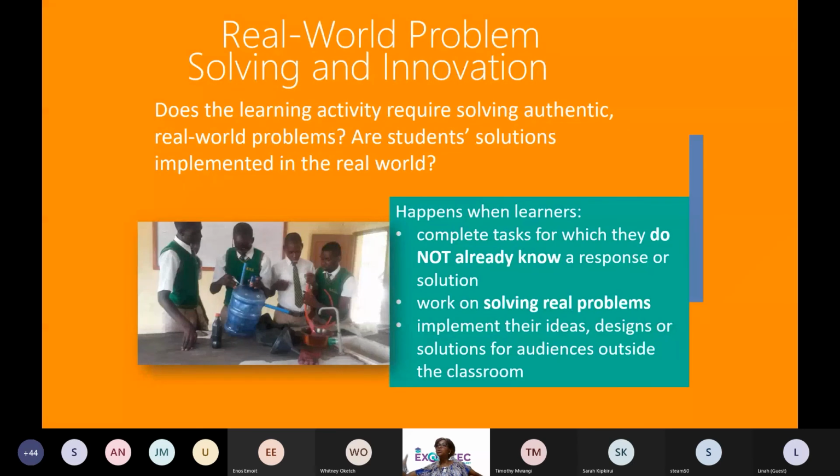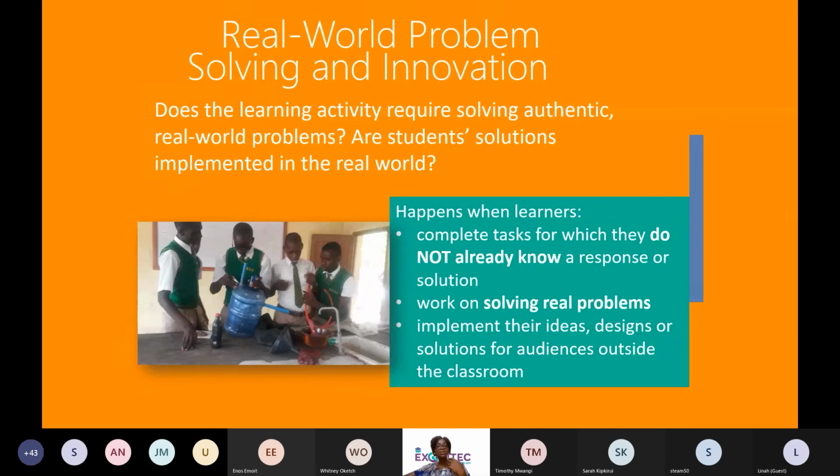Without being told, you are told you are table 4 and you have 30 minutes. So you have to look at the parts and decide what fits what, and what this would be used for. Those are the kinds of activities. So does the learning require solving an authentic problem, with students' solutions implemented in the real world, like the example I gave? Those are some of the questions you ask where problem solving and innovation is concerned.